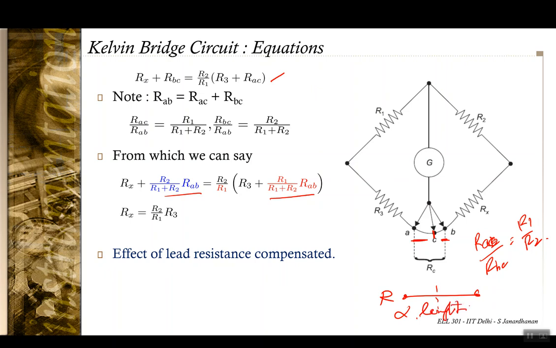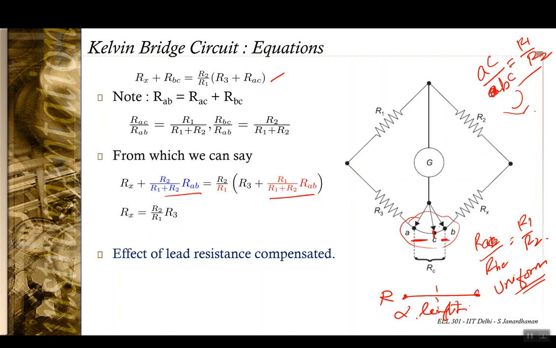Okay, that is why the assumption of the wire being uniform was taken. So if the wire is uniform, and AC by BC is R1 by R2, then we can simply say that the resistance of the leads can be appropriately compensated.